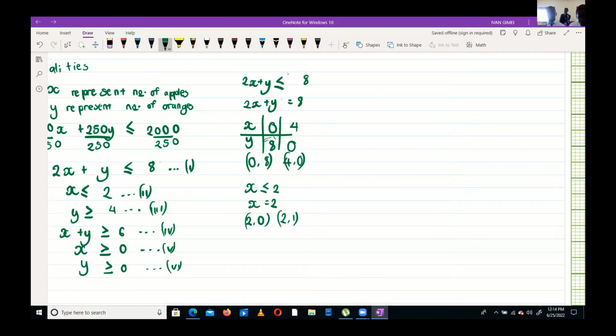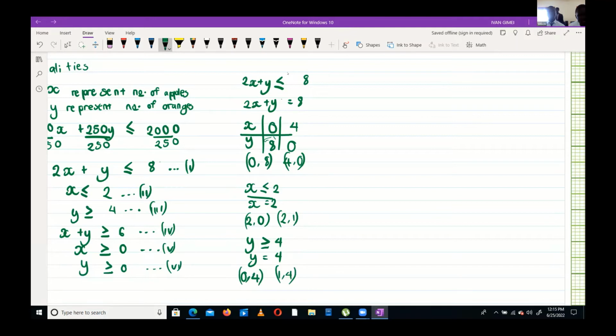And our next is y is greater than or equal to 4. Our equation will be y is equal to 4. y is equal to 4 is a horizontal line with points (0, 4) and (4, 4).